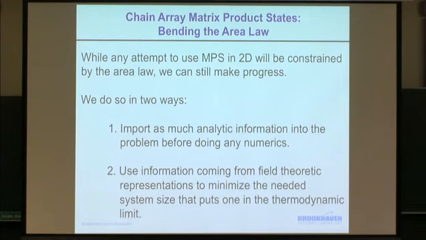And then we use field theoretic representations that allow us to work with relatively small systems and still be in the thermodynamic limit.